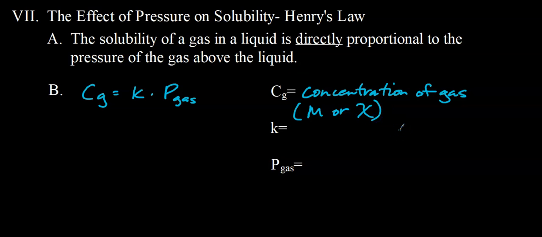We'll review what mole fraction is in just a bit. So it could be either one of those. Or it could be solubility. So solubility refers to the amount that is dissolved. That's fine there as well. K is a constant, it's a proportionality constant. And then P gas, of course, is the pressure of the gas. Again, this is pressure of the gas above the liquid.